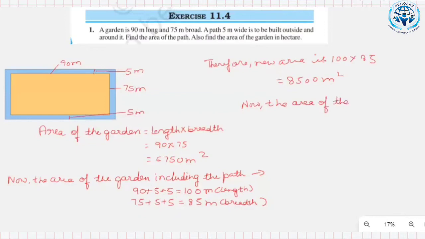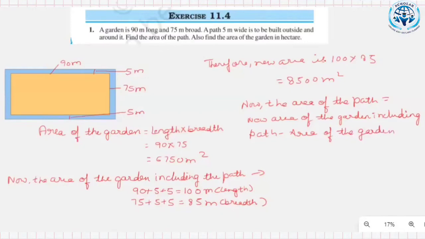Now the area of the path, that means we will subtract both these, 8500 minus 6750, 1750 meters square.